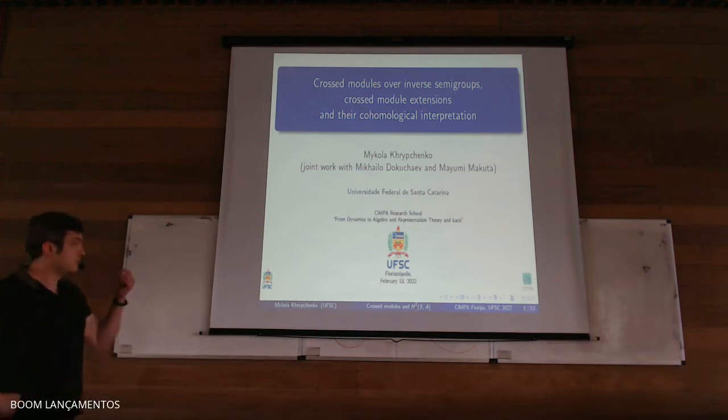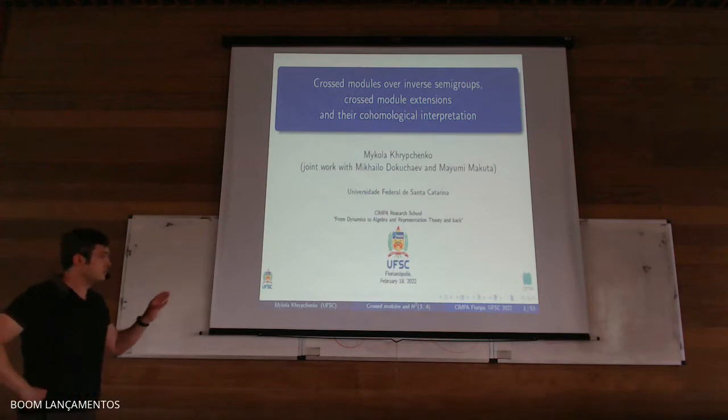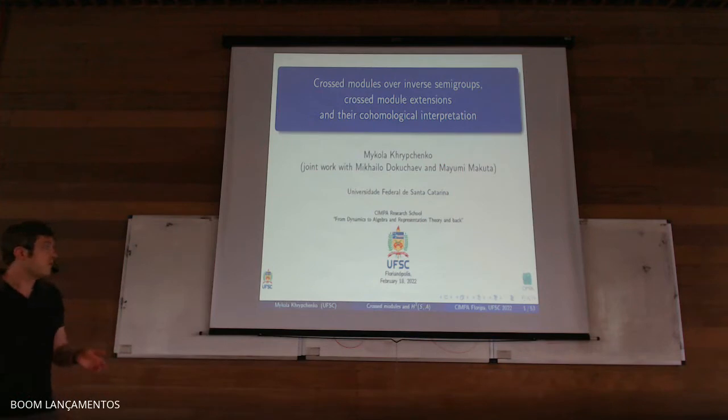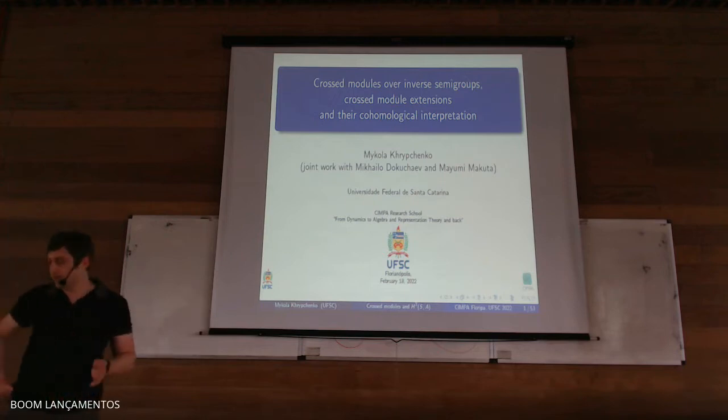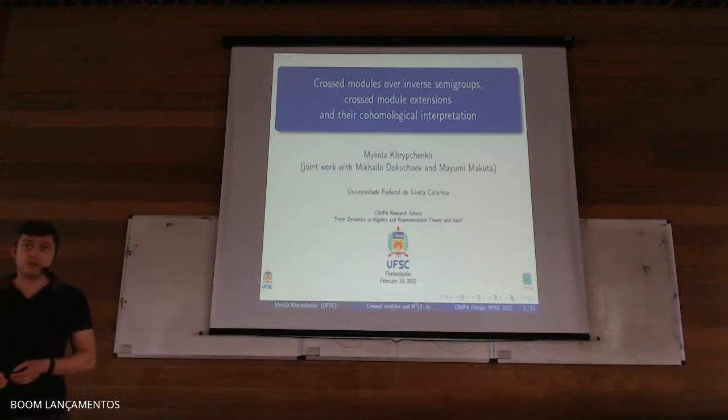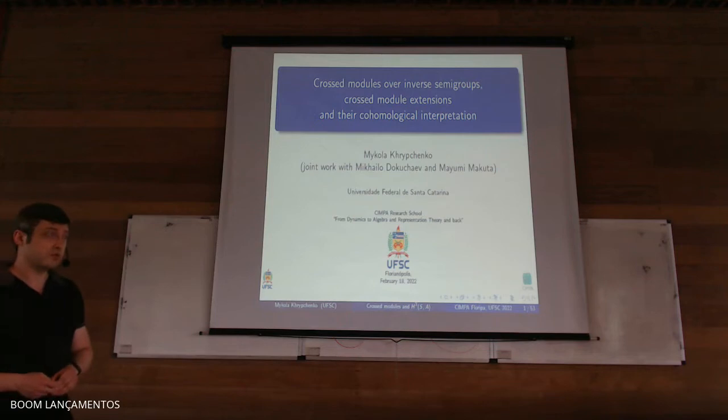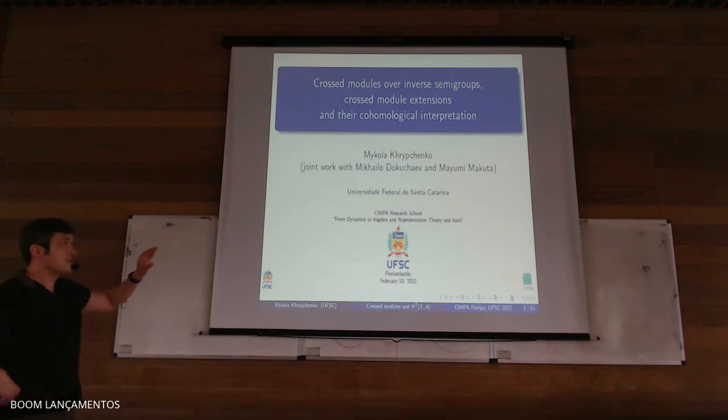Then when we started to look at what's going on, for example, in the case of inverse semigroups, we found out that there are no works even in the case of inverse semigroups about that. And we know that there is a relation between partial group cohomology and the cohomology of inverse semigroups. So we started this work in the context of inverse semigroups.